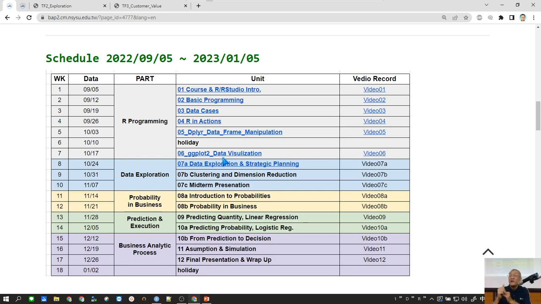Why do we want to do visualization in business analysis? Because we want to compare. We want to compare between areas, between product categories, and amongst customers and customer groups. We want to compare the characteristics of different customer groups so that we can determine where to set a focus on customers.